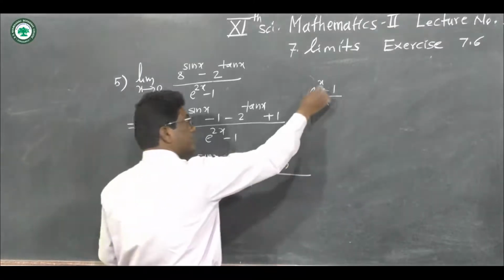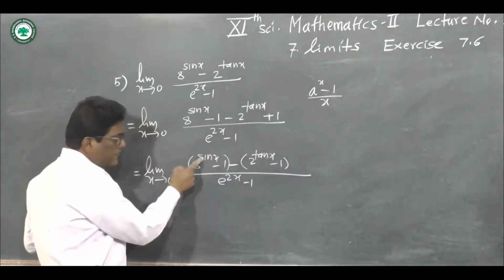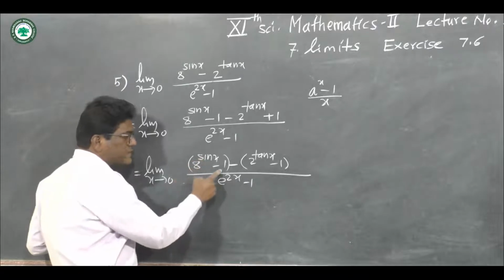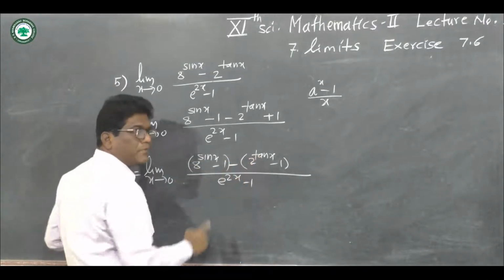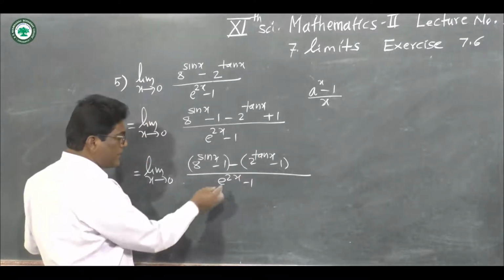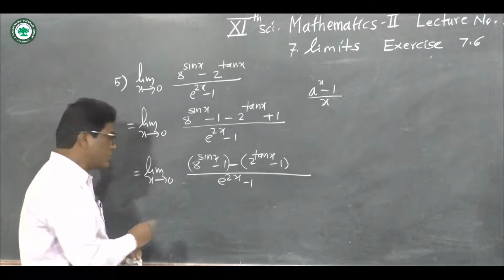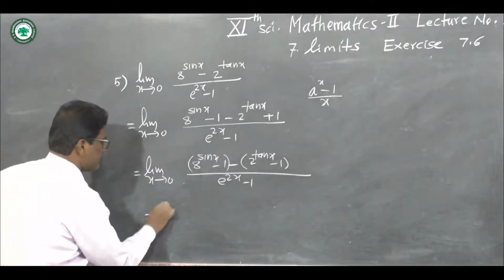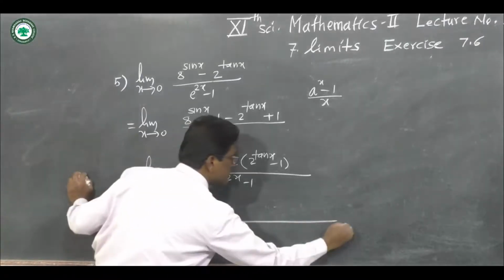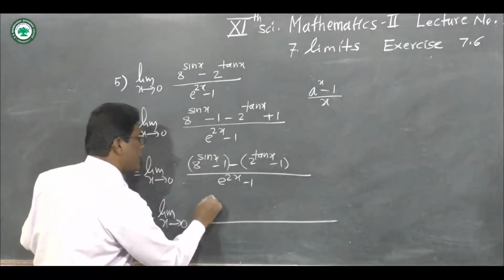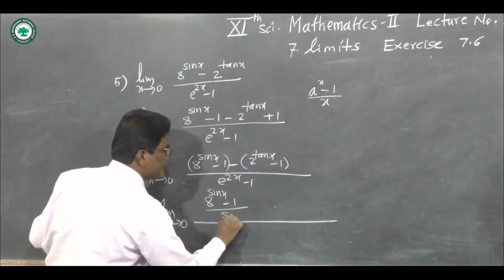In the formula, it is power x divided by x. Here power is sin x, so we want to divide this by sin x. Here power is tan x, divide by tan x. Here power is 2x, divide by 2x. So we adjust this like this, limit x tends to 0. Now (a to the power sin x minus 1) divided by sin x.